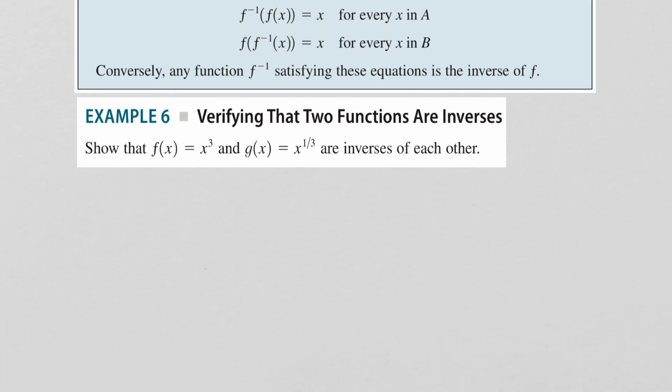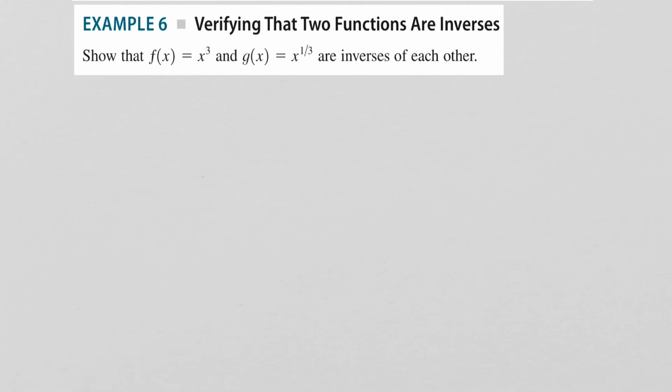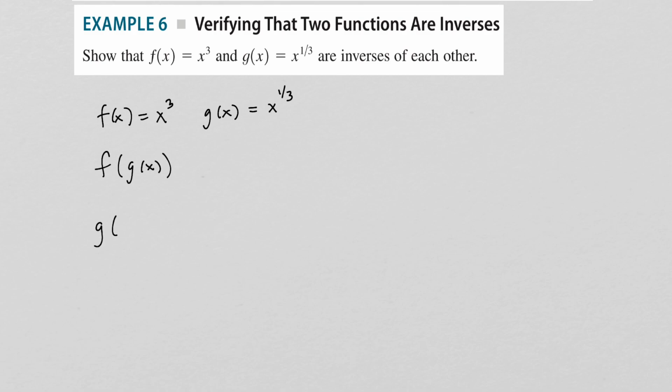So in this next example, we would like to verify that two functions are actually inverses of each other. In this case, we have f of x is equal to x cubed, and g of x is equal to x to the 1/3. To verify that they're inverses, we have to do f of g of x, and we have to do g of f of x.